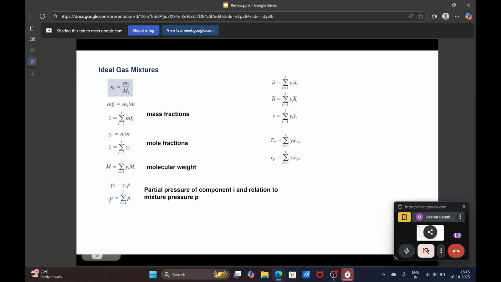So we get P. Similarly the other properties like internal energy, enthalpy and entropy can also be found out by multiplying the corresponding mole fraction by the corresponding molar internal energies or enthalpies. It's all in molar properties, and if it is in mass properties, we have to multiply by the mass fraction.